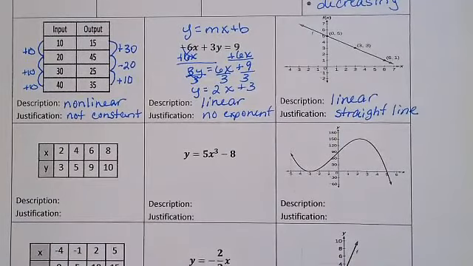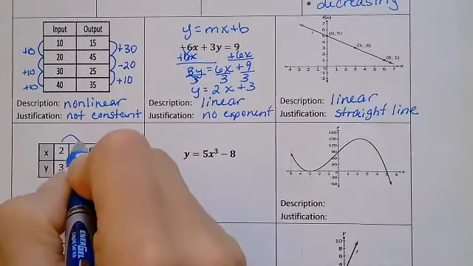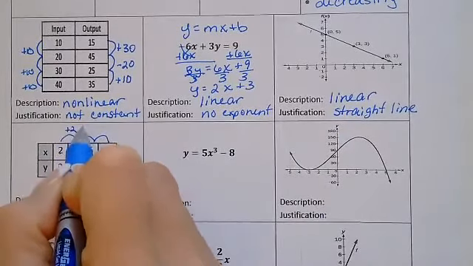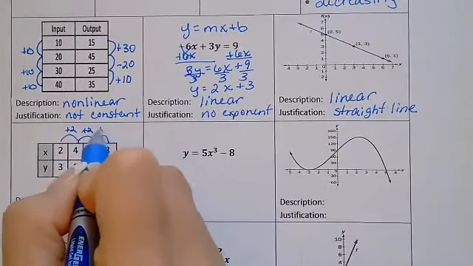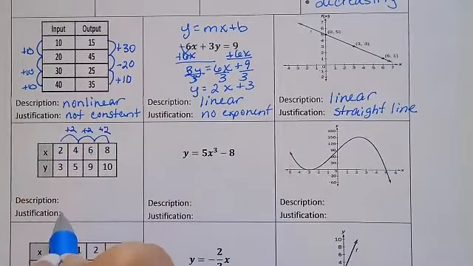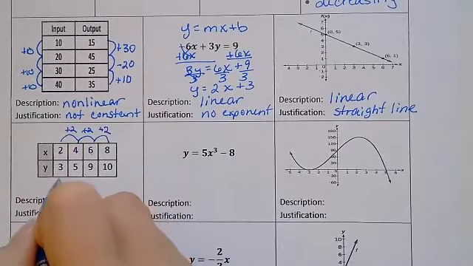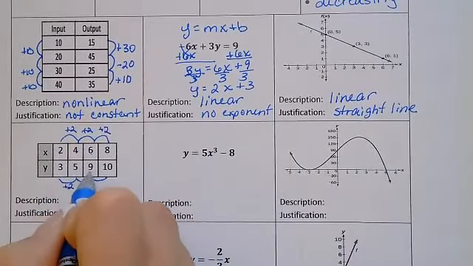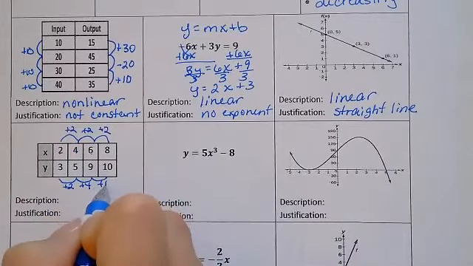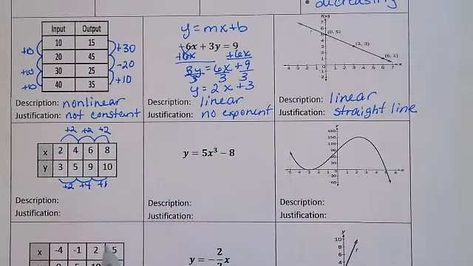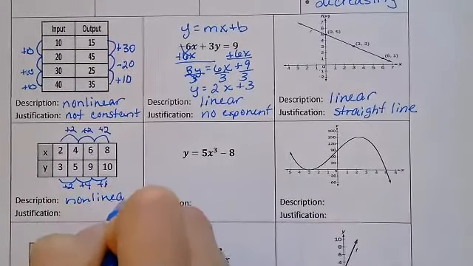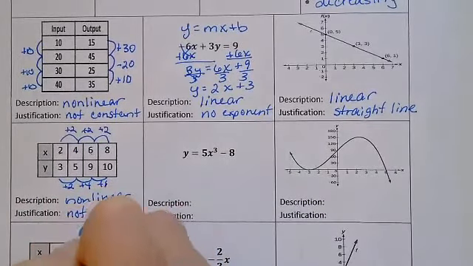All right, next table. Look at our rate of change. So this is +2, this is +2, this is +2. So far, so good. Okay, let's look down here. This is +2, this is +4, and that is +1. So that means it's going to be nonlinear. It's not constant.